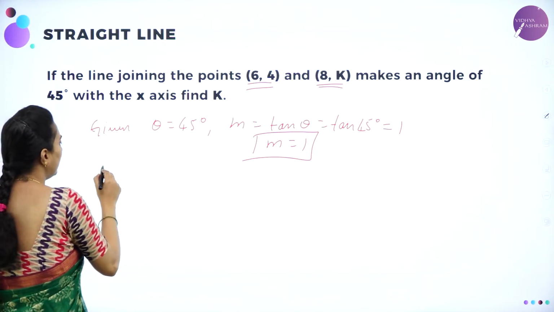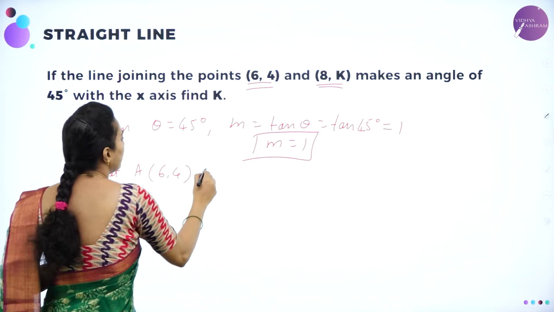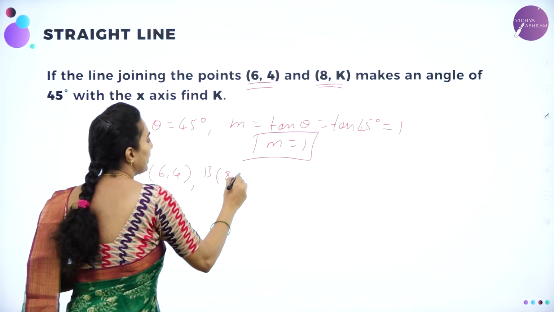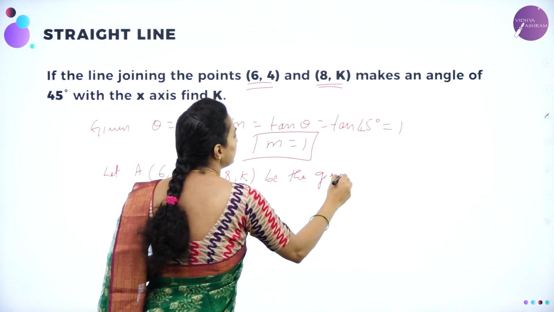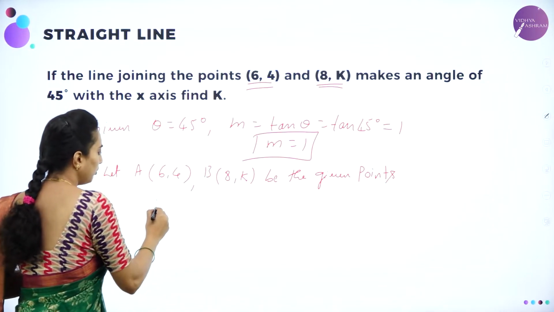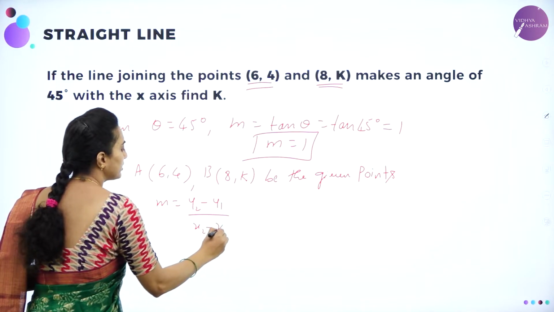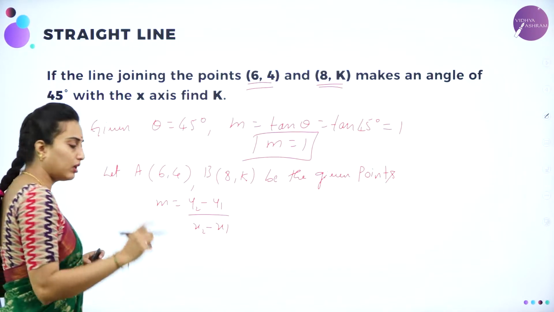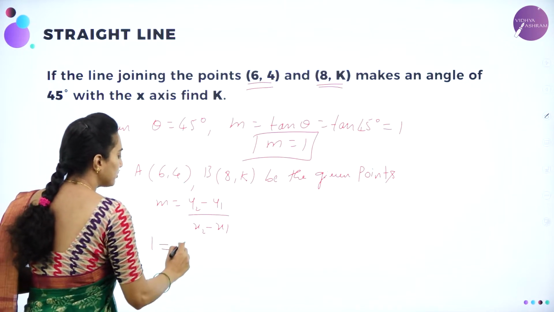Therefore, I can consider let A of 6, 4 and B of 8, k be the given points. So therefore, we know that m is equal to y2 minus y1 divided by x2 minus x1. We have found out m is nothing but 1, which is tan 45 degree. y2 minus y1 means k minus 4.